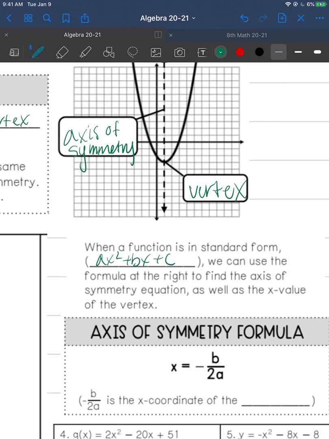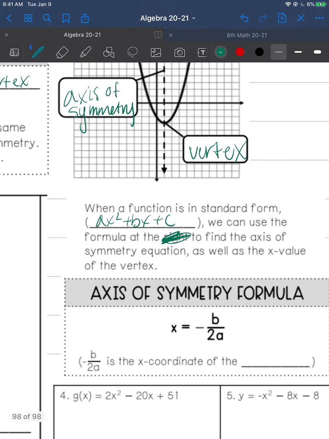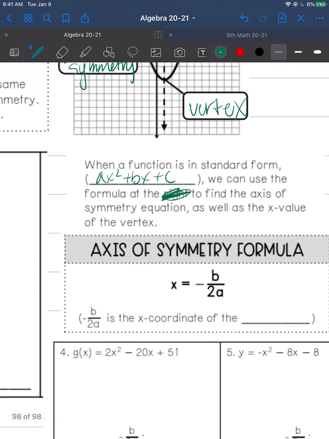We can use the formula to find the axis of symmetry equation as well as the x value of the vertex. So the equation is x equals negative b over 2a. So this is using the letters from standard form. So negative b over 2a is the x coordinate of the vertex. So there's ways that you can calculate it.